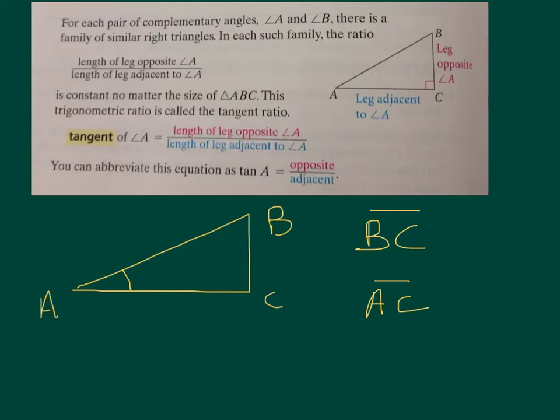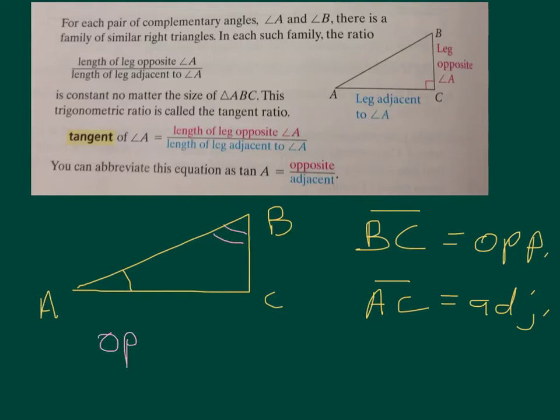Alright, so again, if we're talking about angle A, then segment BC is opposite, and if we're talking about the side adjacent angle A, we're talking about segment AC, which would be adjacent. Now let's talk about angle B. What's the side opposite angle B?